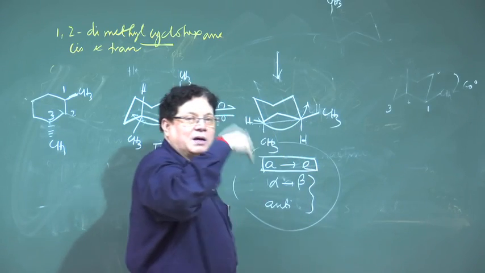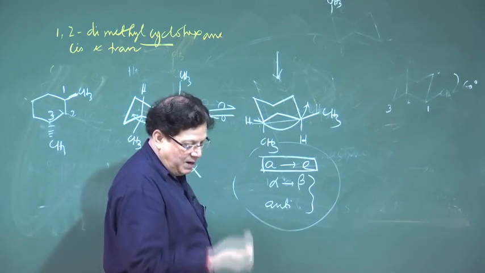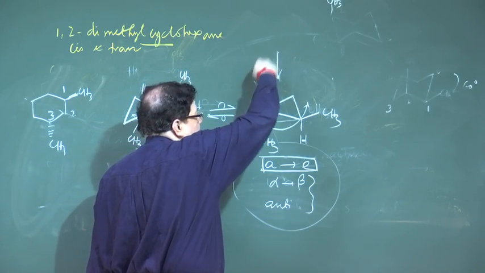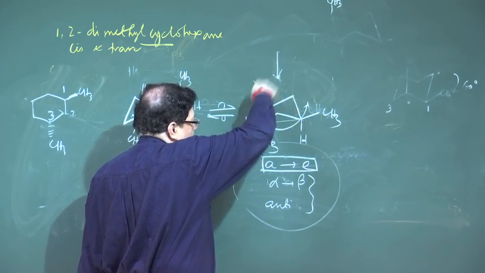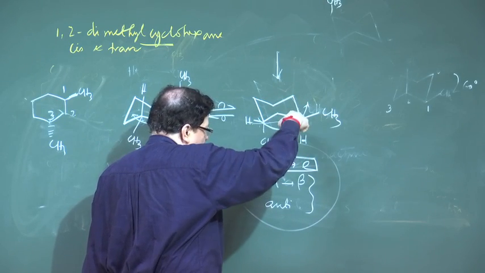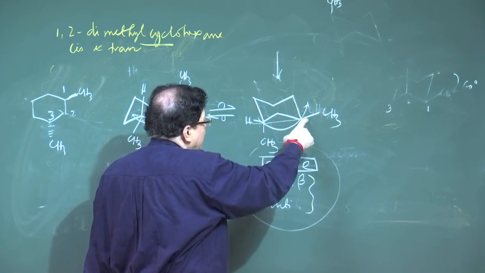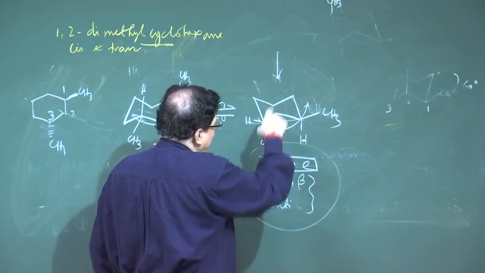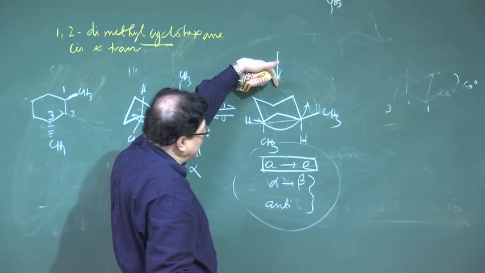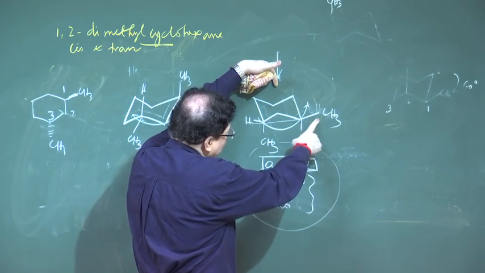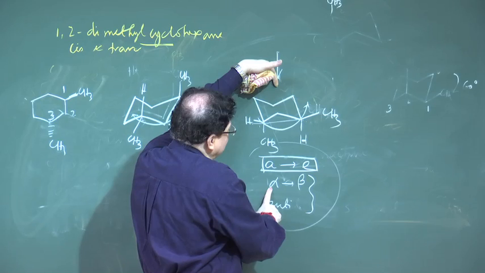It is the other world that I am looking from the top, and I change all the references now. The groups which are going down away from the plane are beta, and those which are above that plane will be alpha. If I look from that and change my reference, axial remains as axial, equatorial remains as equatorial, and the problem is the alpha beta.